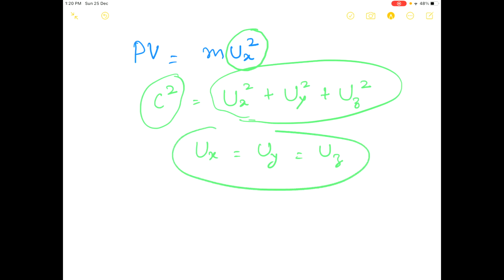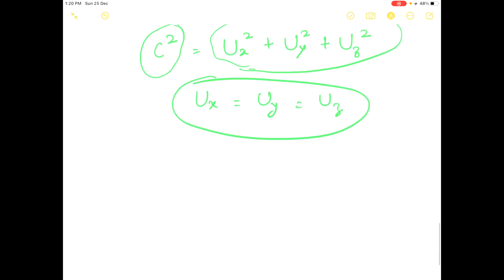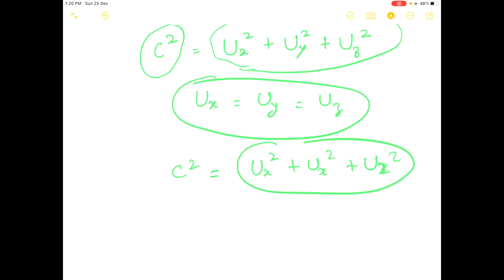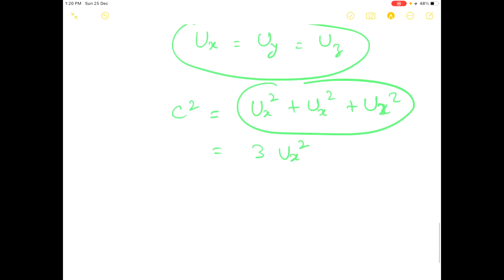All three velocities are equal. Then we can write it as ux square plus ux square plus ux square, which is 3ux square. So 1 by 3 c square is equal to ux square.